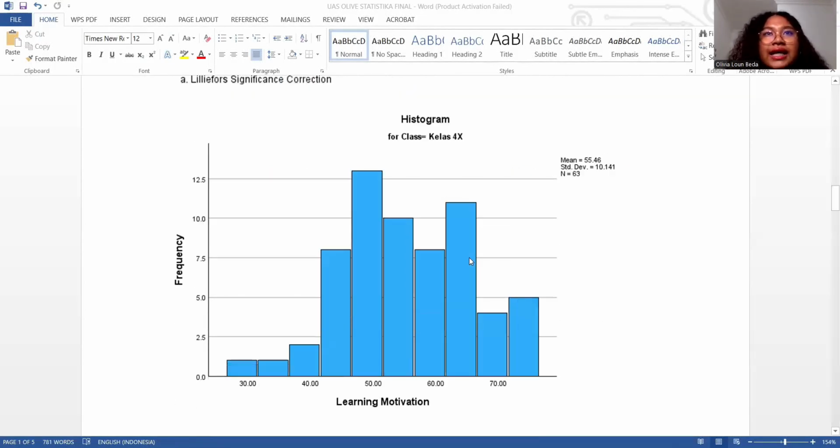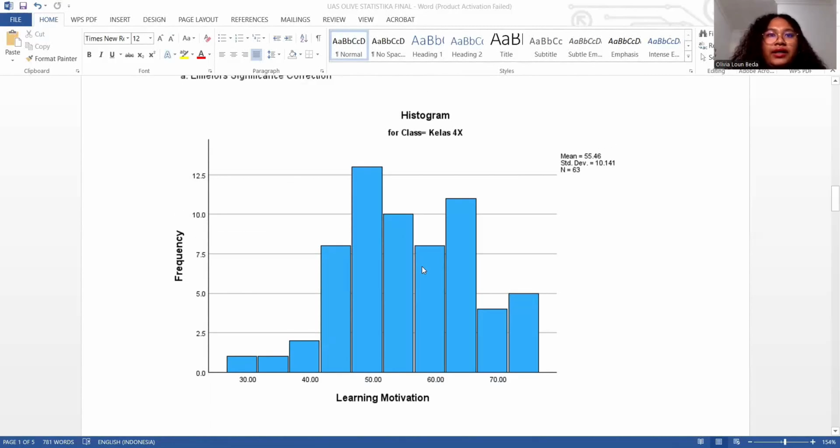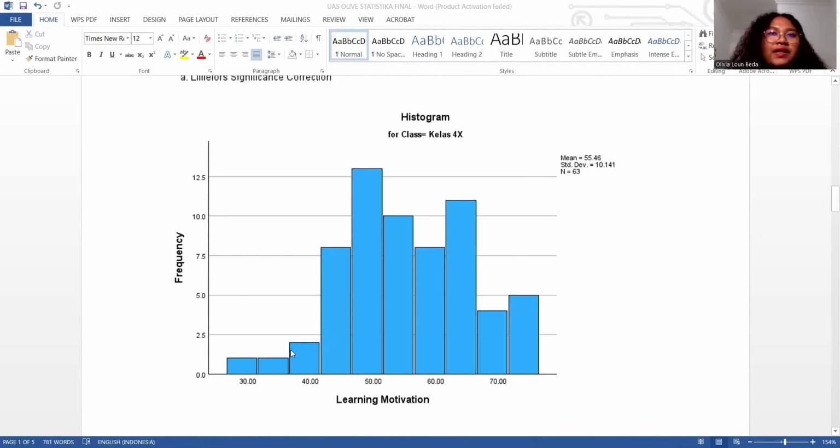Let's see the histogram. This histogram is for class X. As you can see, this side is lower than this side, which means the tail starts from here.